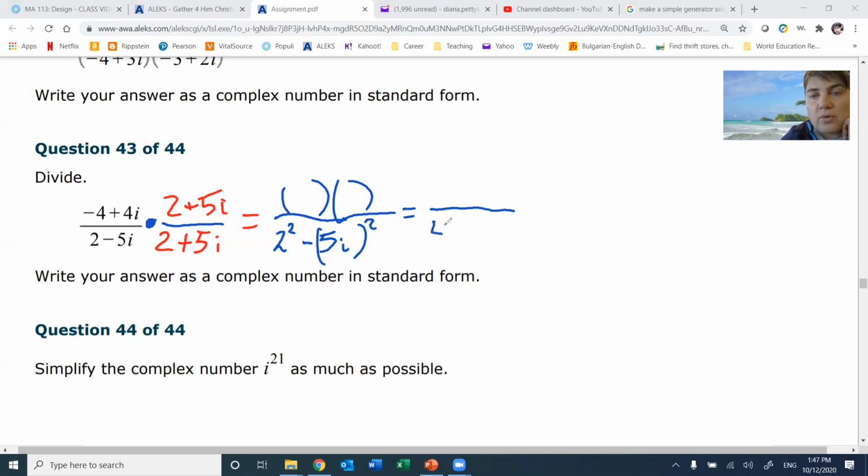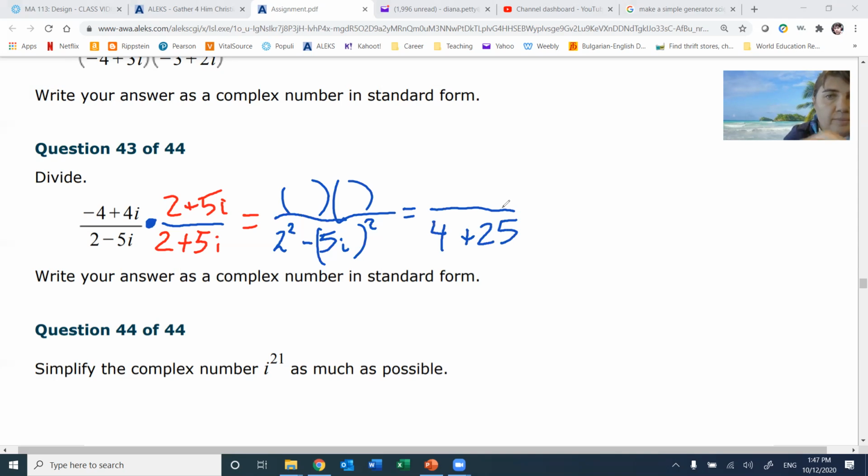So it's going to be 4 plus 25 technically, right? Because if you have imaginary numbers, when you do the difference of squares or when you multiply the conjugate, you just get the real part squared plus the imaginary part squared. Okay, so now let's do the top.